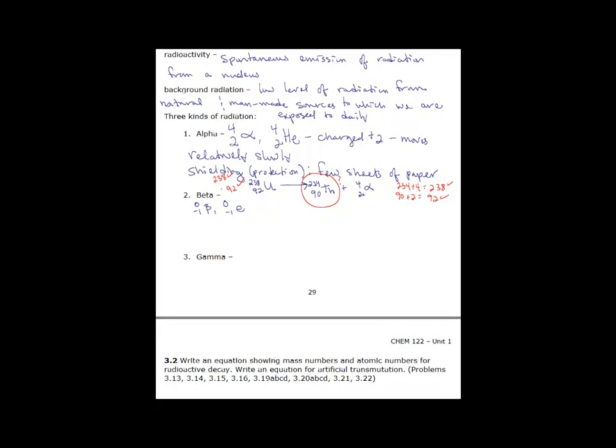So you could either write this symbol beta or e, and that means the same type of radiation. So beta moves faster than alpha. So shielding would be a block of wood or heavy protective clothing.